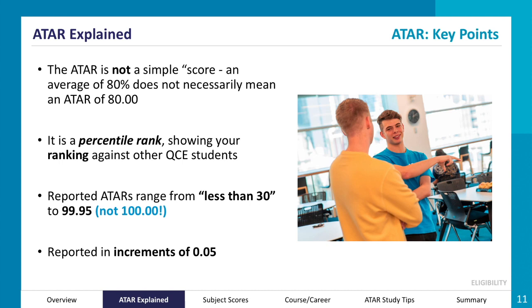So the highest is 99.95. And you'll see here that at least compared with the OP, there are so many possible results. In fact, it's a 2,000 point scale, 2,000 possible ATARs, which makes it very, very specific and therefore a pretty accurate indication of overall performance.